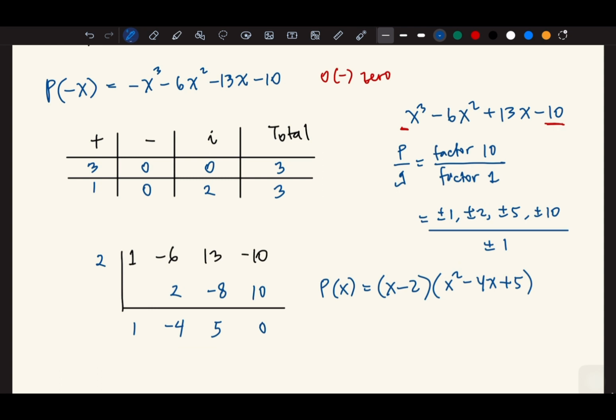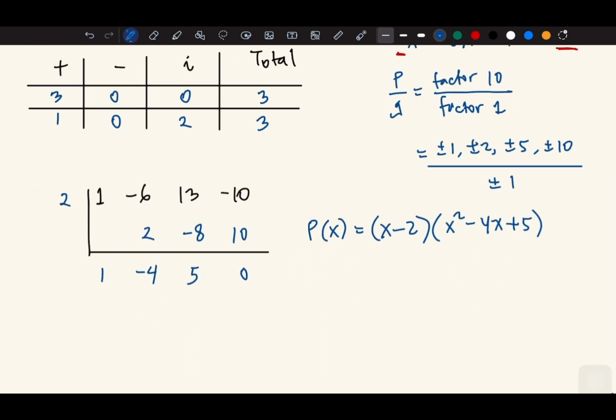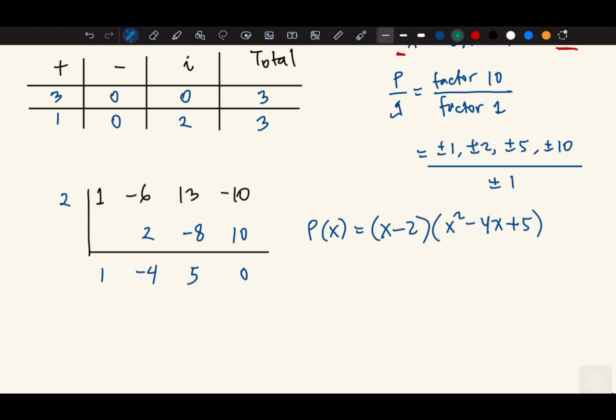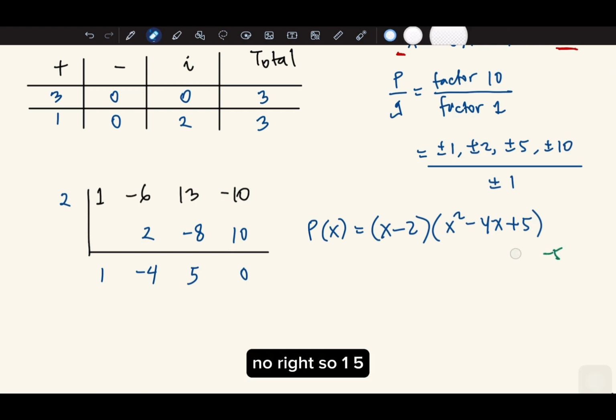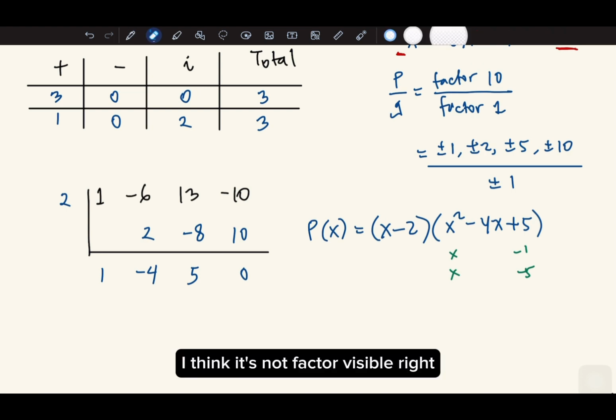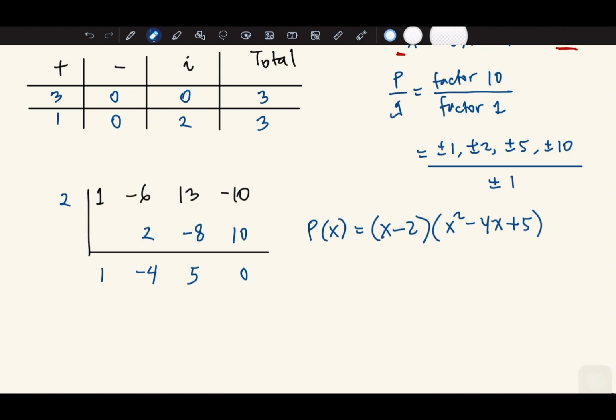Okay, can you factor this? No, right? So 1, 5. I think it's not factorizable, right?